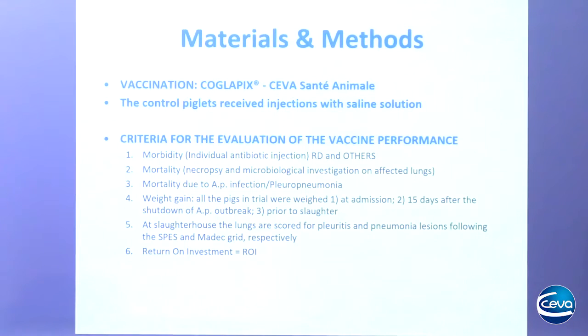And the control pigs received an injection with saline solution, and the criteria for the evaluation of the vaccine performance were those you can see here, obviously mortality, morbidity, and mortality due to APP infection, and weight, the slaughterhouse lesions, and mainly the return on investment.